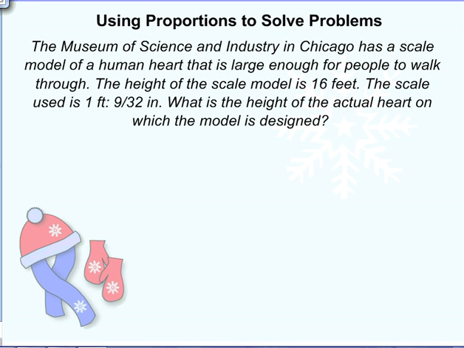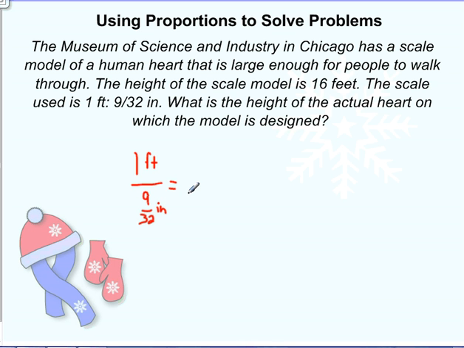So we are given at least one ratio right away that's very obvious, and it is the scale that is used. So we have 1 foot for every 9/32 of an inch.